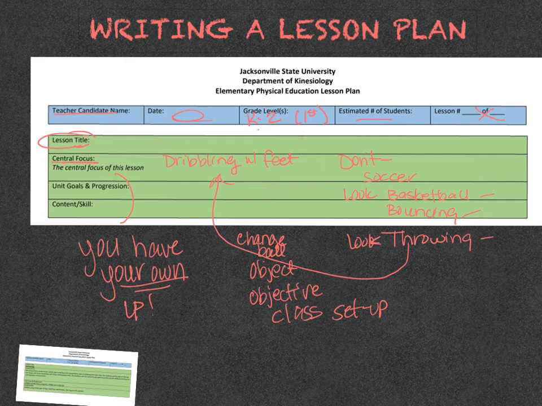Okay, you haven't boxed yourself in. So this is so important. When you are looking up lesson plans, look through all different sports and all different skills in all different areas, and that's going to be your main source. And you'll be sure to write modified by Lori, or your name, obviously, on there, because you didn't create this, you found it and then you modified it. You have your own plan.